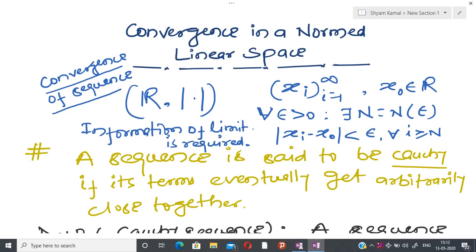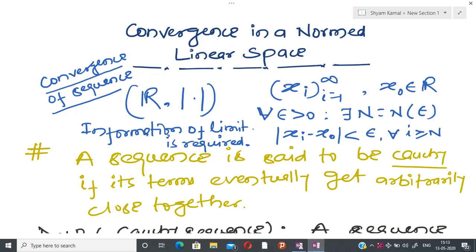In this particular criterion, the limit is essential, but now we have to reformulate the definition so that, in order to define the convergence, the requirement of the limit is not necessary. Due to that reason a new concept comes into the picture, called the Cauchy sequence.